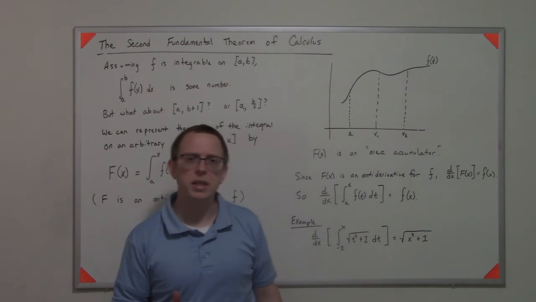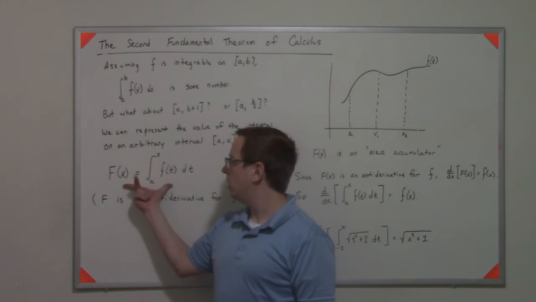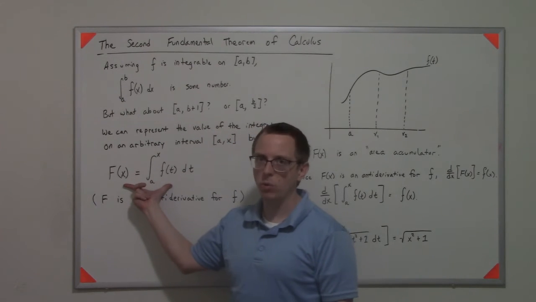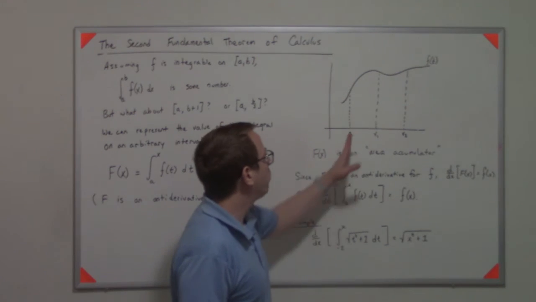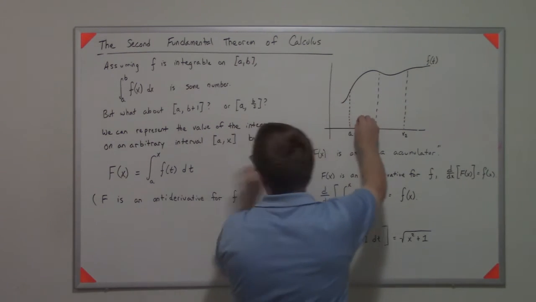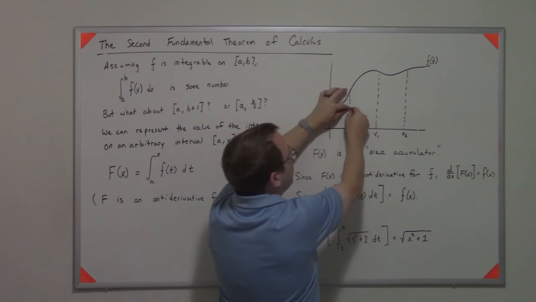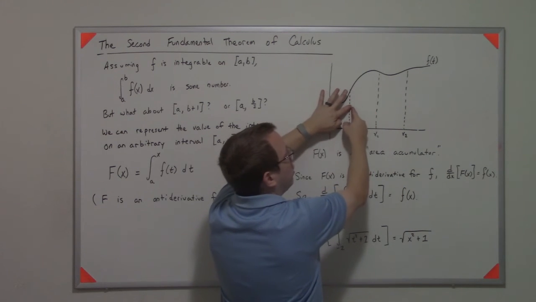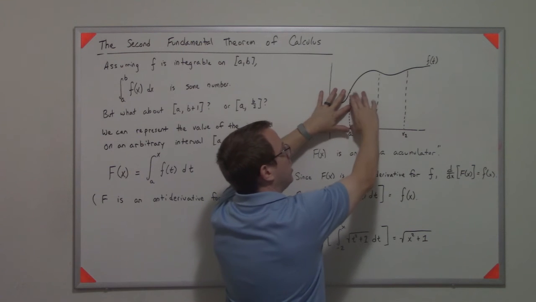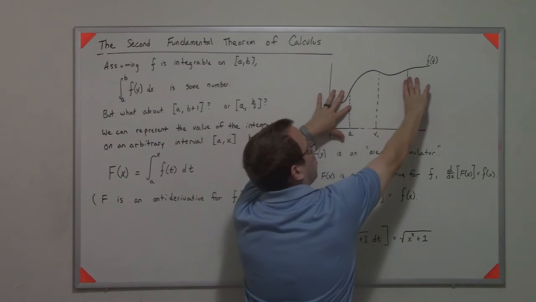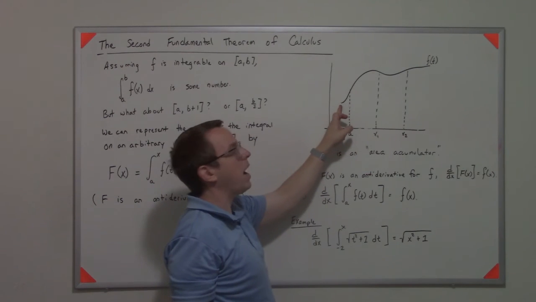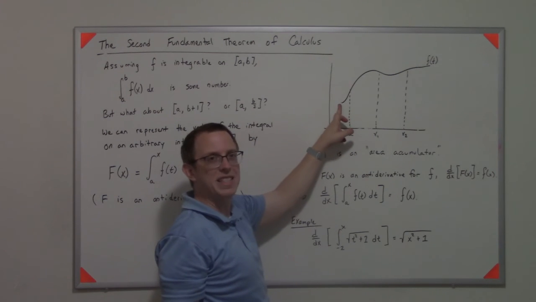But another reason that this is a neat way to represent this is that you can think of it like an area accumulator. So if I start at a and I start sliding x, I'm sort of gathering area, right? As x gets larger, I get more of this area. If I keep going, I get more and more area. And even if I go backwards, I get what you might think of as negative area.